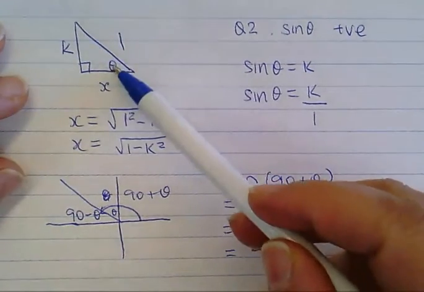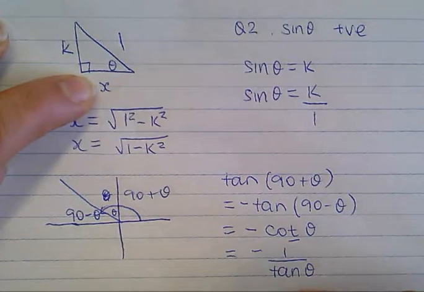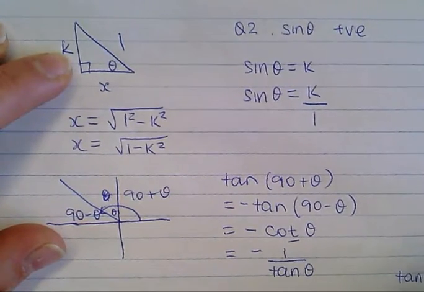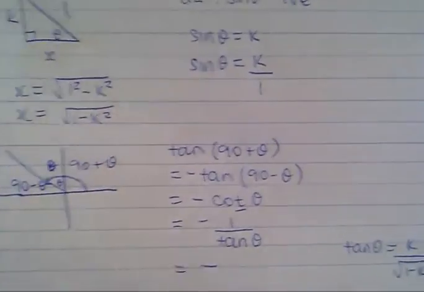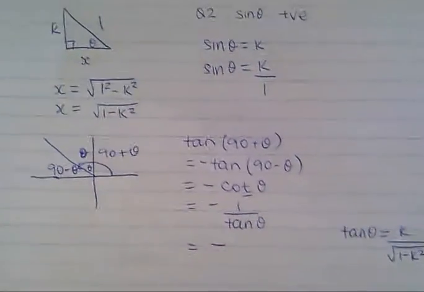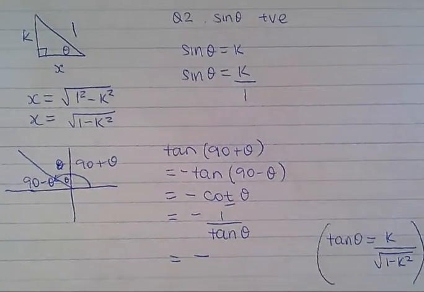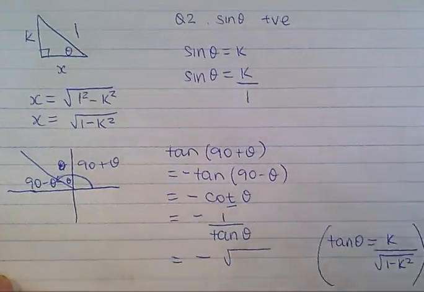So what's tan? Opposite over adjacent. Tan theta is k over the square root of 1 minus k squared, but that's not what you want. You want cot, so it's a good idea to put what tan theta is on the side, and you know it's the flip of that.